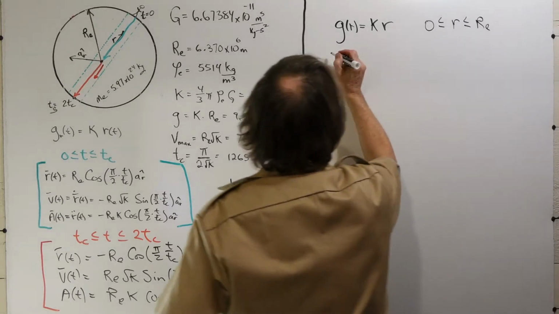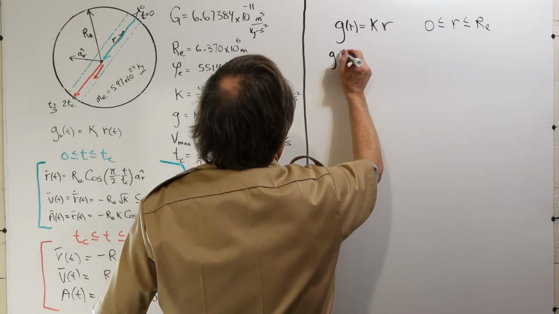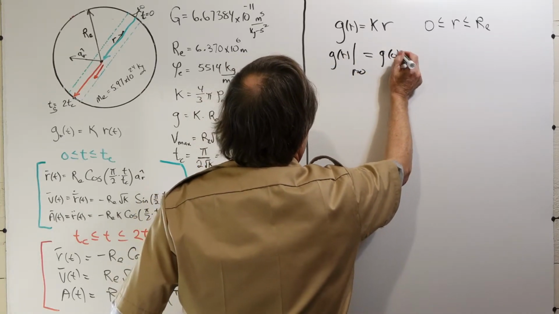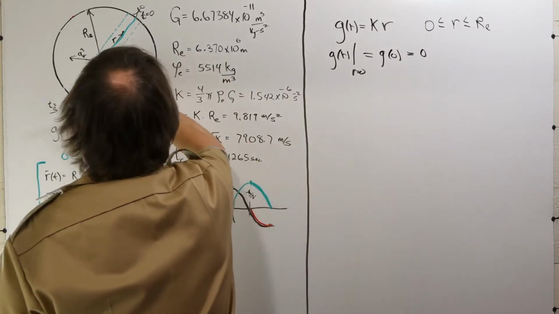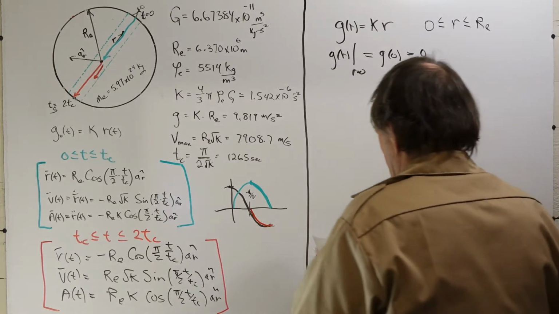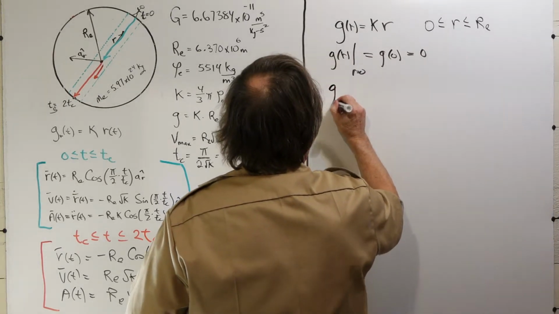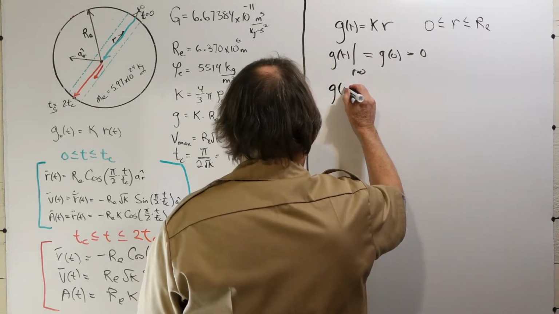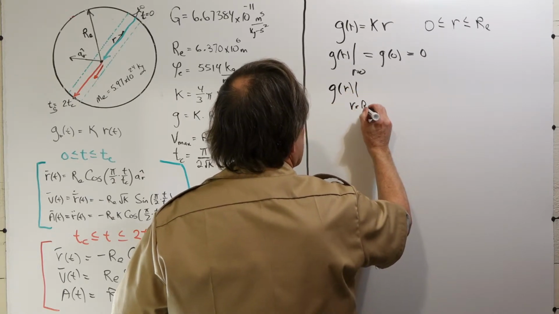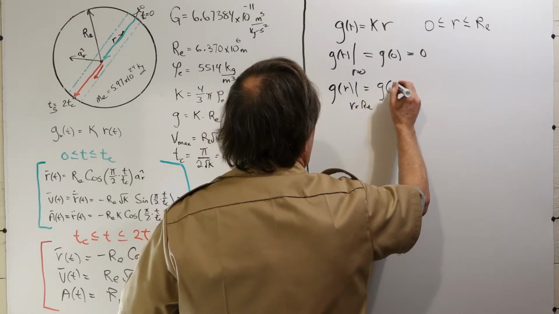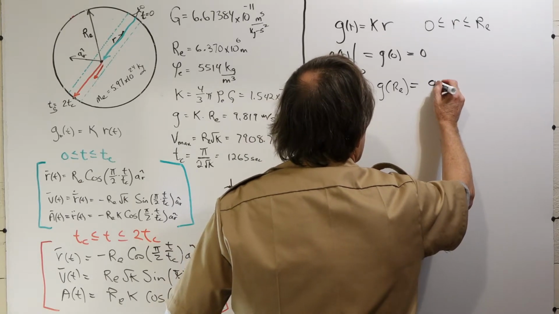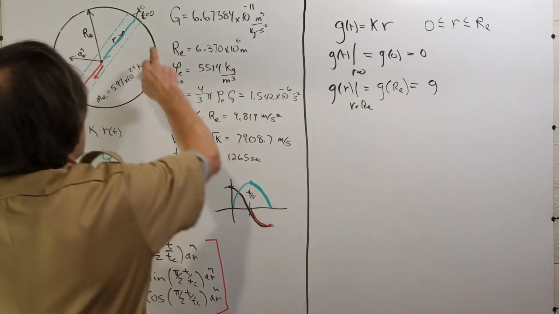Now, when r is equal to 0, g of r is 0, because there's no mass. When we're at the center, there's no mass pulling us to the center. And when g of r is at the surface, or the radius of the Earth, we know that this is just equal to little g.